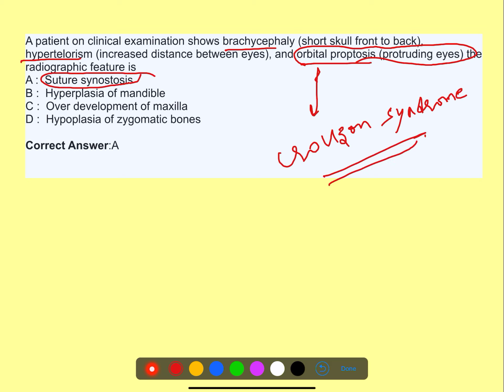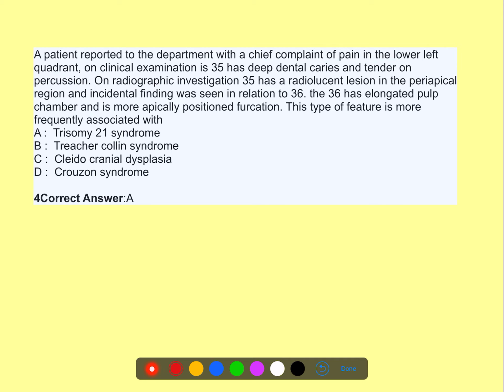A patient reported to the department with a chief complaint of pain in the lower left quadrant. On clinical examination, 35 has deep dental caries and is tender on percussion. On radiographic investigation, 35 has a radiolucent lesion in the periapical region, and an incidental finding was seen in relation to 36.